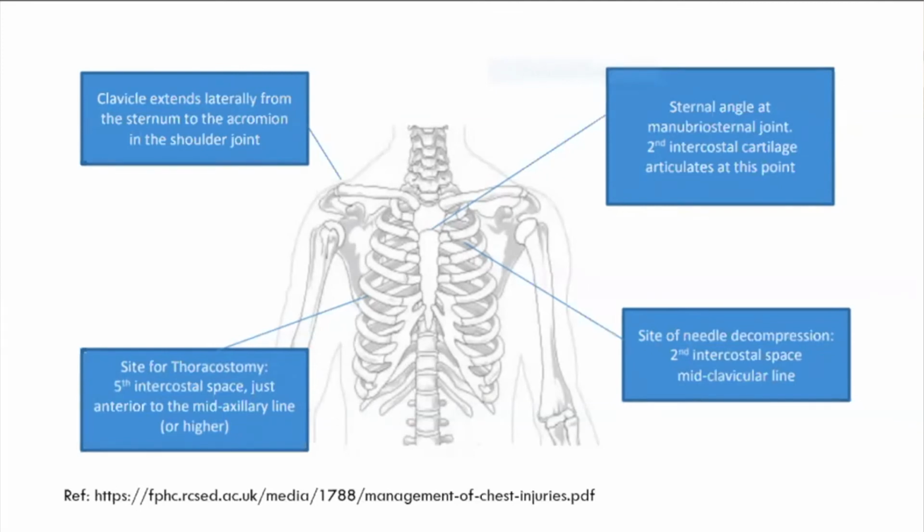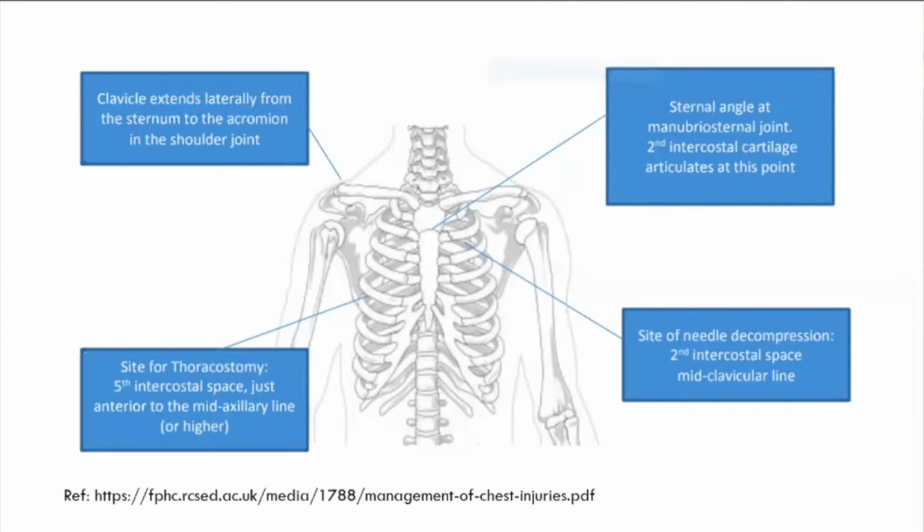By putting a needle in to decompress, you're aiming to convert a tension pneumothorax into a simple pneumothorax. So this won't work for a simple pneumothorax. It's not the right management, but you're trying to convert a tension pneumothorax into a simple one to restore the normal perfusion and oxygenation.